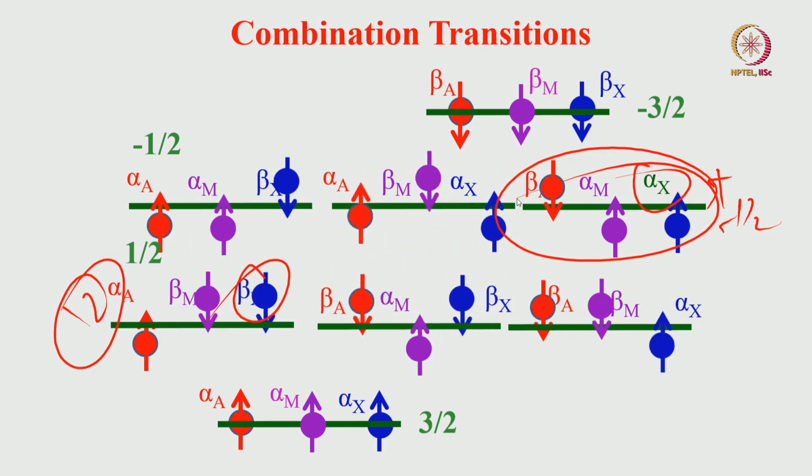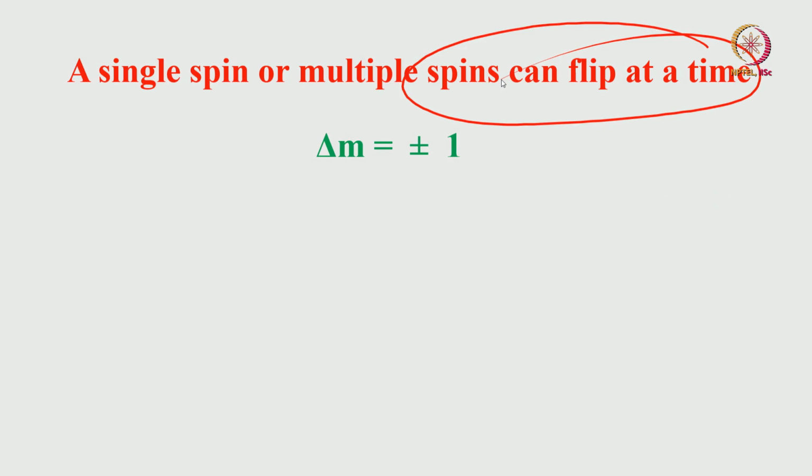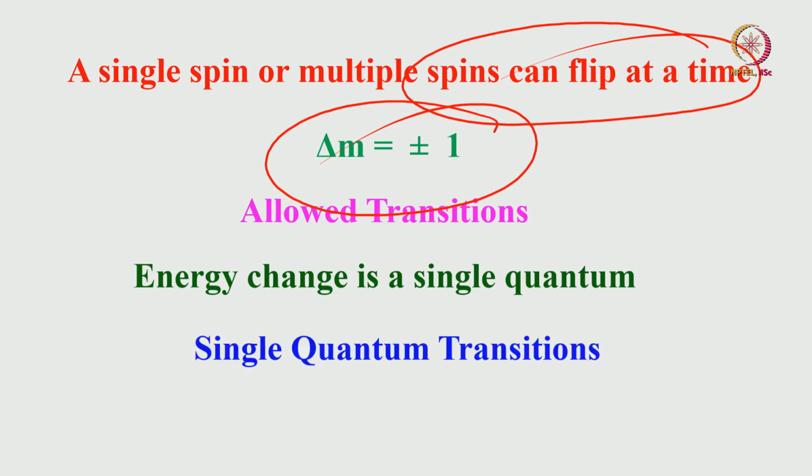These are the 3 transitions which are allowed. Again all the 3 spins are flipping, but still delta M is always plus 1 or minus 1. So a single spin or multiple spins can flip at any given instant of time, provided delta M equal to plus or minus 1 is maintained. They are called allowed transitions, and in each of these transitions the energy change is a single quantum, and that is why they are called single quantum transitions.